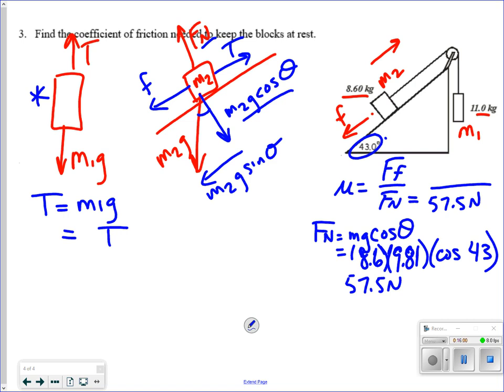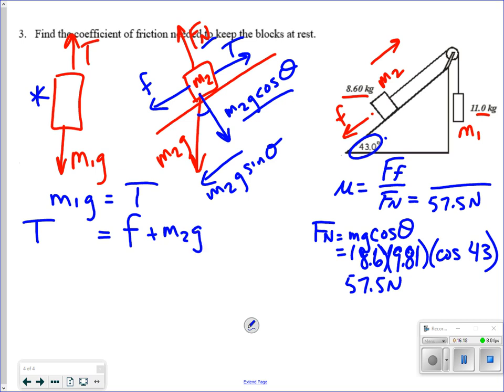Actually, I'm going to flip these around just to make it easier for us to see, just to give us a little more room to work. So this is going to go up the hill. Tension's trying to go up the hill. What's trying to go down the hill? Friction and M2G sine of theta. I'm going to add those together. You can see the tensions cancel out.